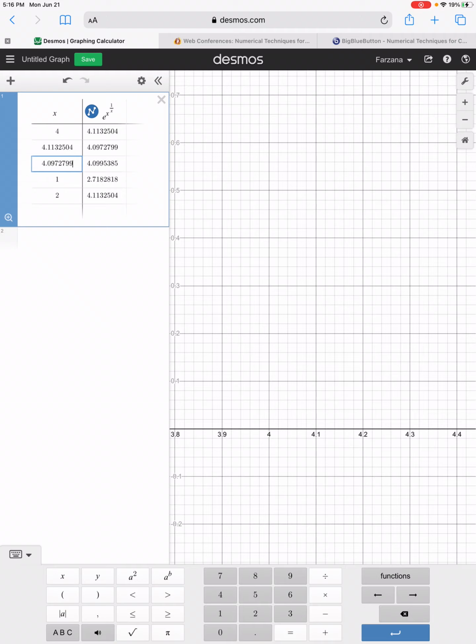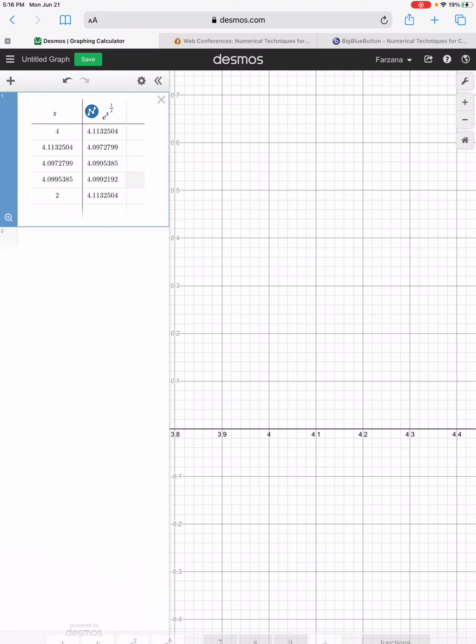Okay, so what you have, 4.099, this is a new value. Now I am replacing x by this new value, 4.0995385, and you can see after the fourth step this is your root, 4.0992192, right? The more steps you take, the better the answer.